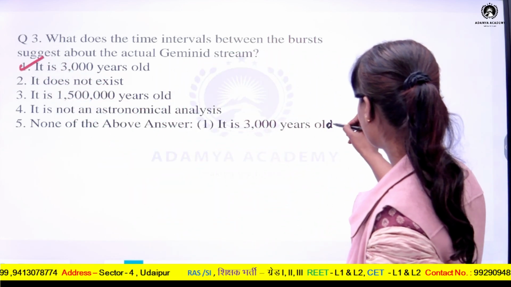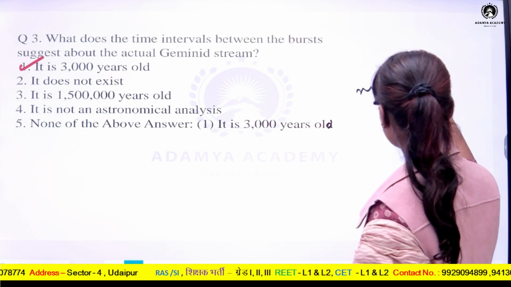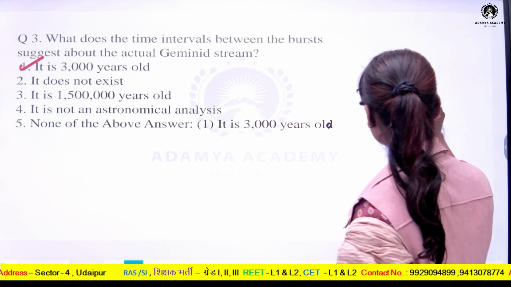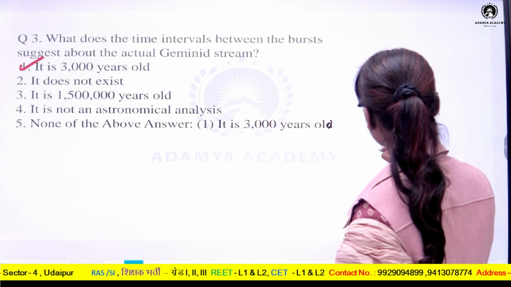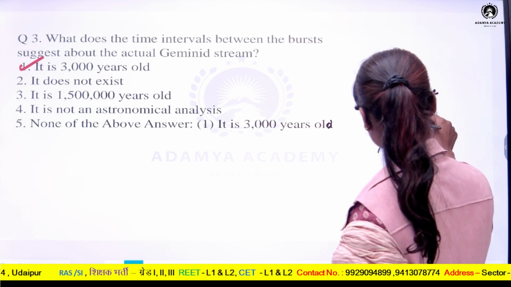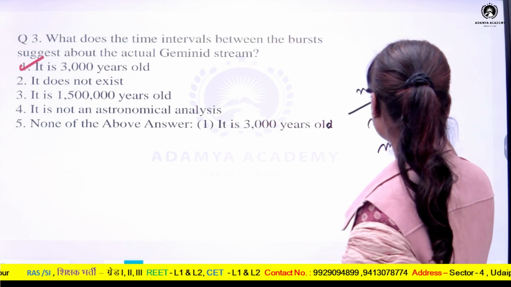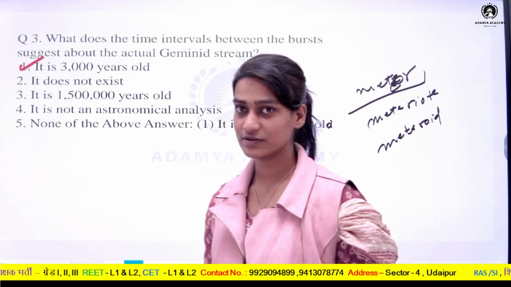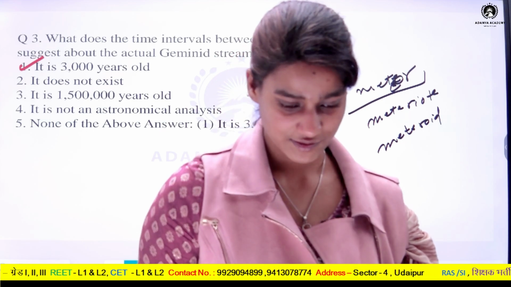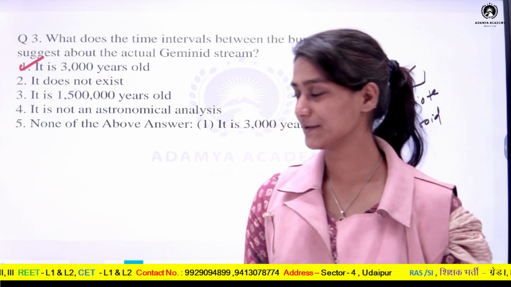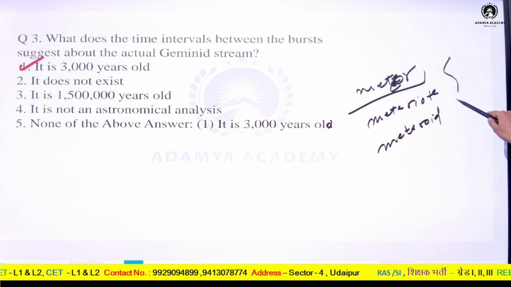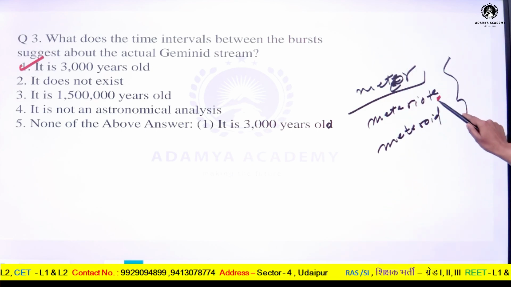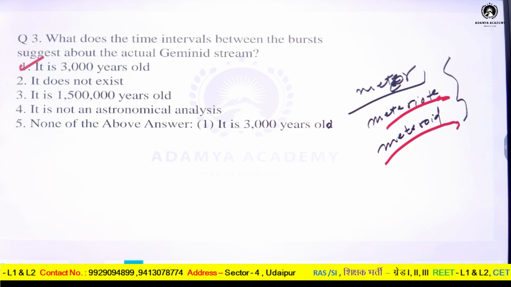We have come across different terms in this passage like meteor, meteorite and meteoroid. A meteor is a celestial body which moves around the sun. Similarly, these are also celestial bodies. But what is the difference between a meteorite and a meteoroid?